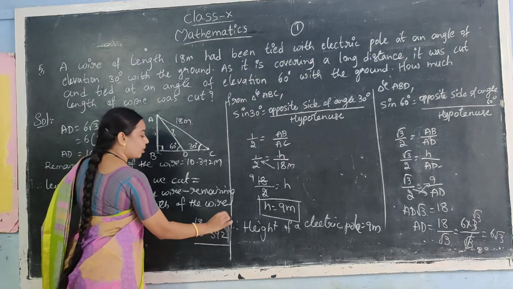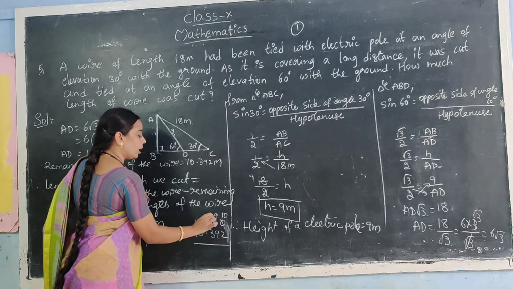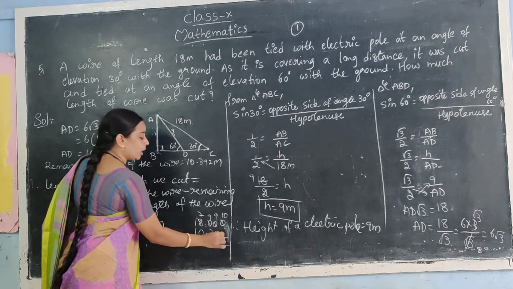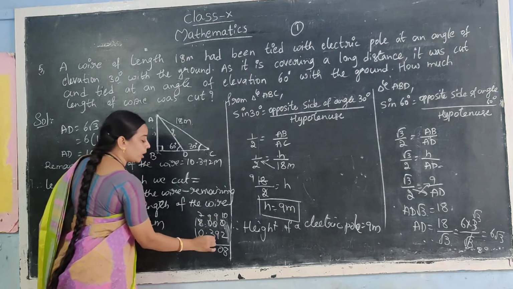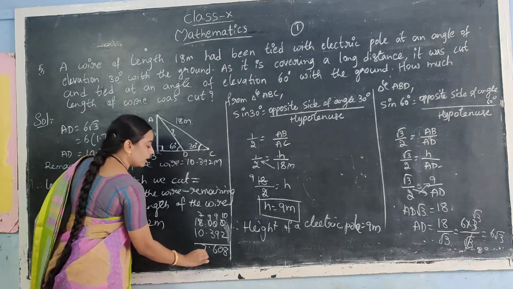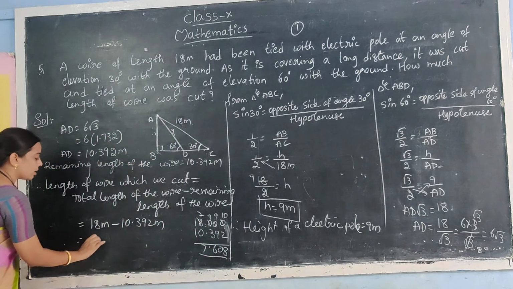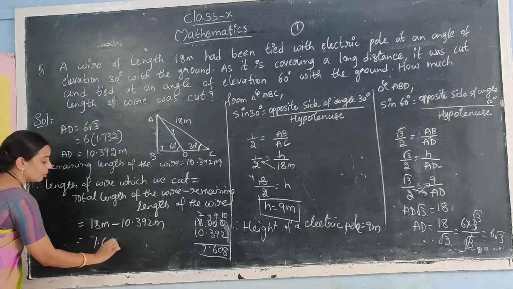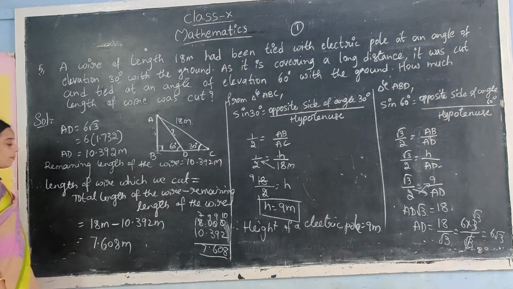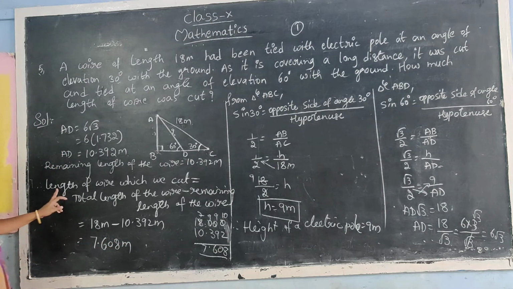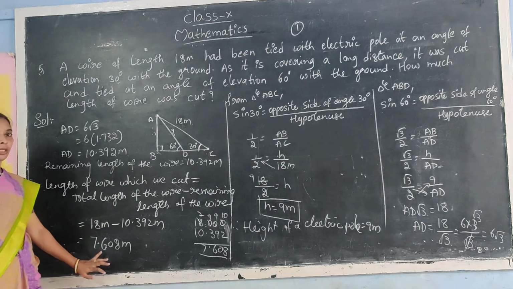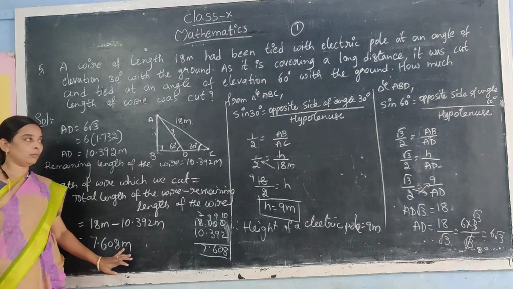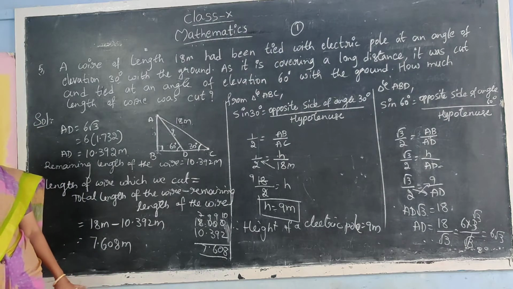Here borrow 10, here remaining 9, here 9, remaining is 7. 10 minus 2, 8. 9 minus 9, 0. 9 minus 3, 6. And remaining is 7. Now we got the answer 7.608 meters. Okay, this is the total length of the wire which we cut. So how much did you get? 7.608 meters.